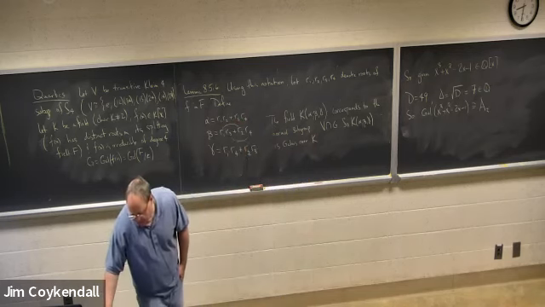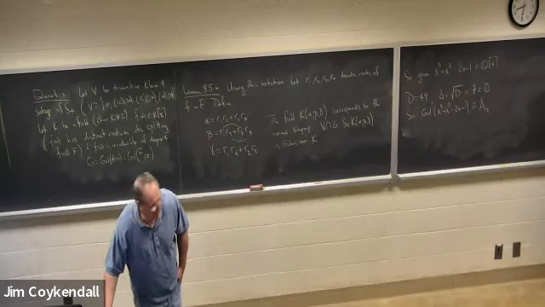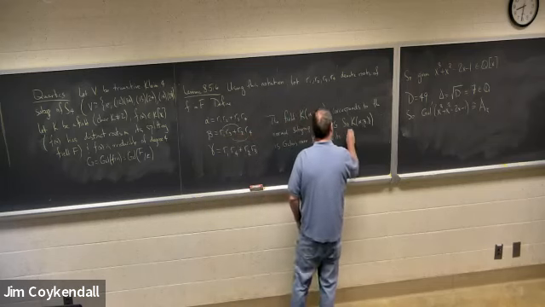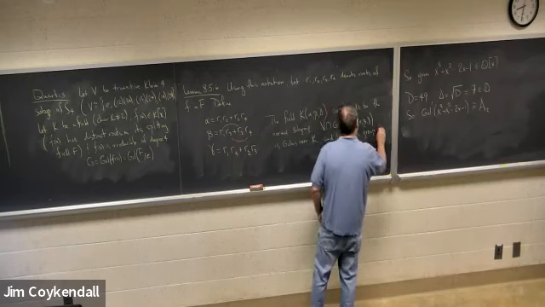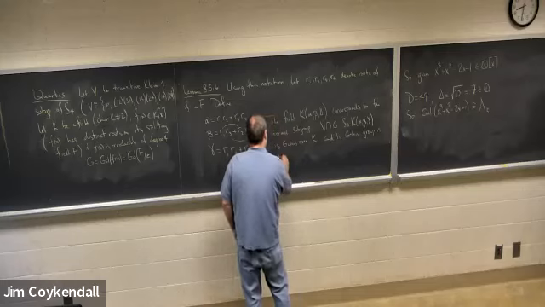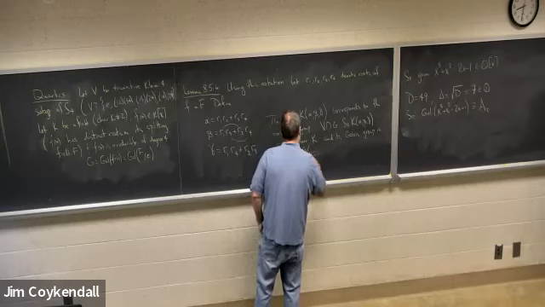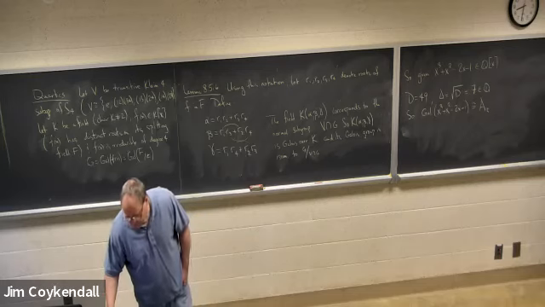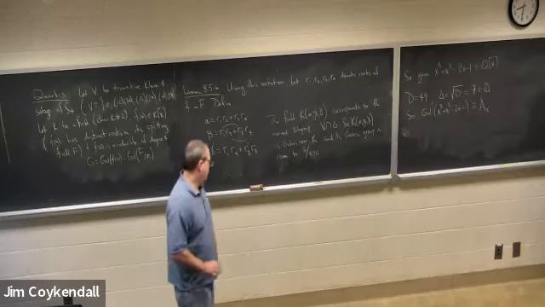Because of the normality of that subgroup, its Galois group is isomorphic to G mod the intersection, because that's normal in G. Okay, we're going to use this lemma in a moment.